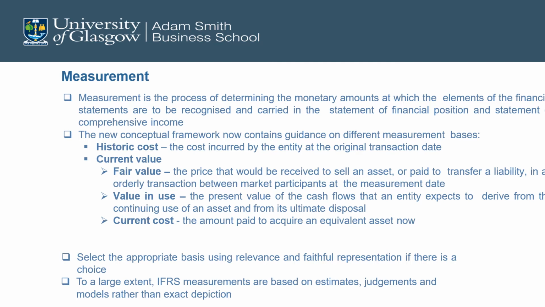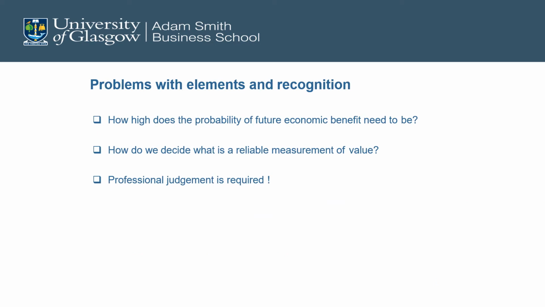To a larger extent, the IFRS measurements are based on estimates, judgments, and models rather than exact depiction. There are problems with elements and recognition. For example, when you decide how relevant the information is, how high does the probability of future economic benefit need to be?